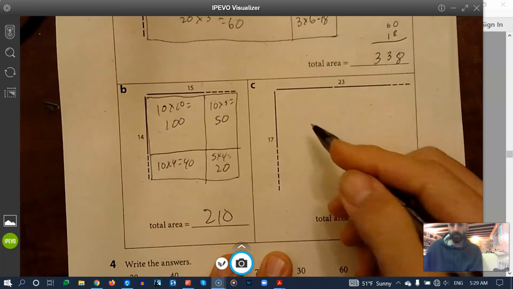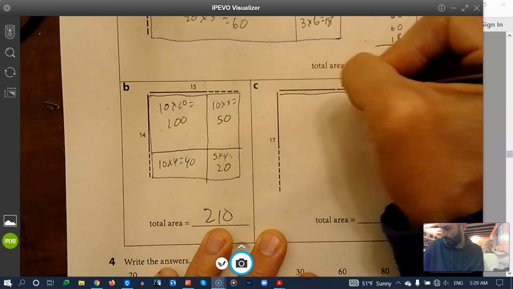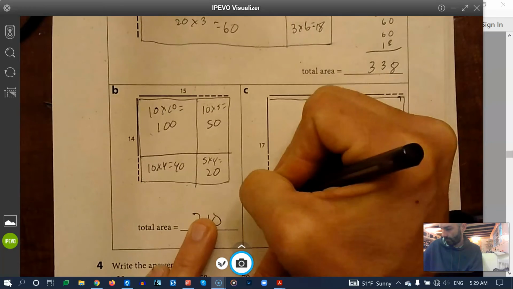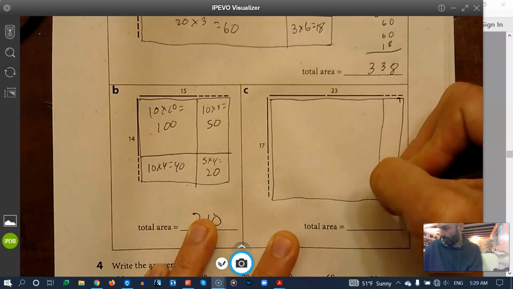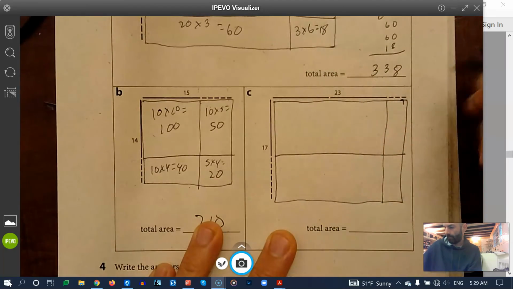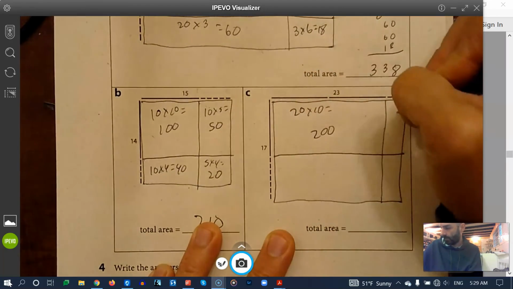And now we have 23 by 17, 3, 2, 1. We have our array. 20 and 3, 10 and 7. So this is 20 by 10, which is equal to 200.